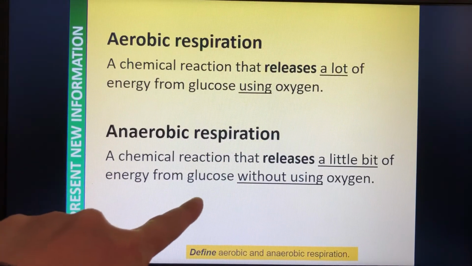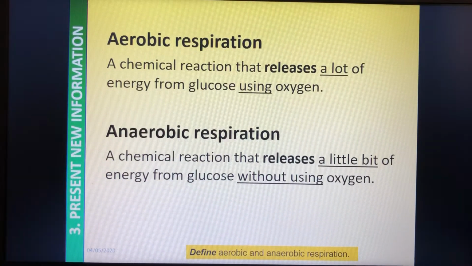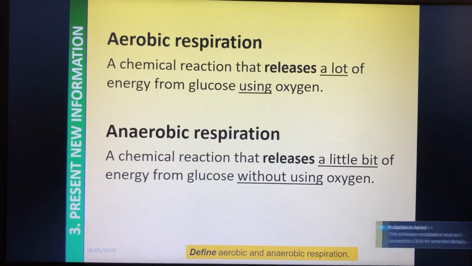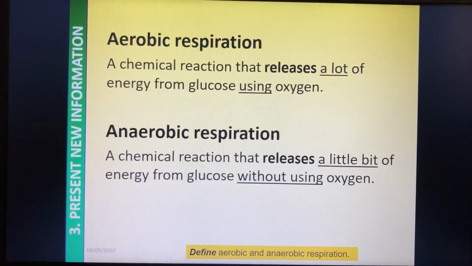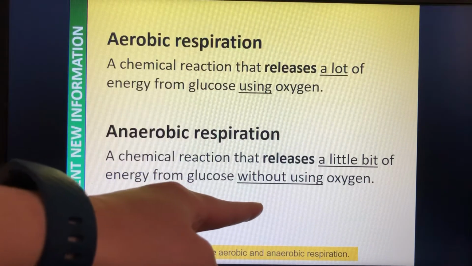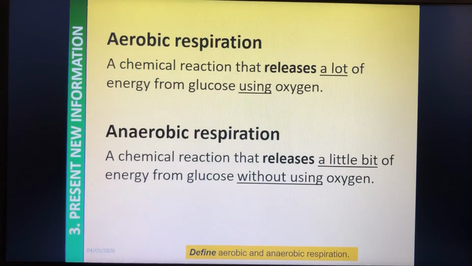We've still got some glucose, so we're still breaking down that glucose in that mitochondria, but only releasing some energy from it. So our two types of respiration are aerobic and anaerobic. Efficient, not efficient, all the time when our muscles are being worked really hard. So if you haven't done the notes yet, then pause now and get those notes done.